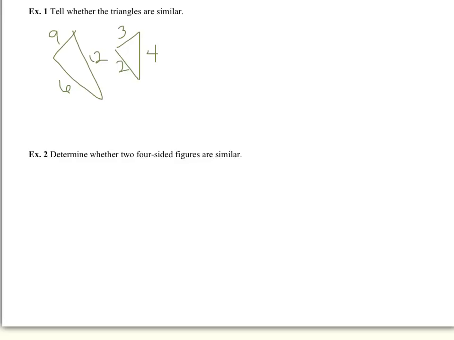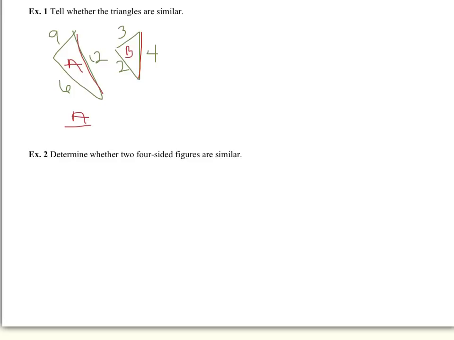I don't know anything about the angles, okay? So we're going to see if the sides are proportional. Notice that 12 is the longest side and 4 is the longest side. I'm going to name this triangle A and this triangle B.